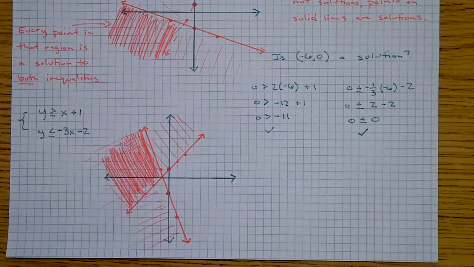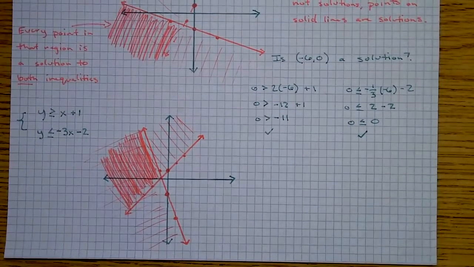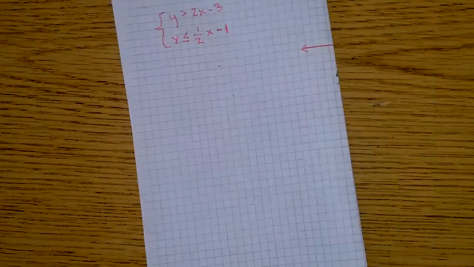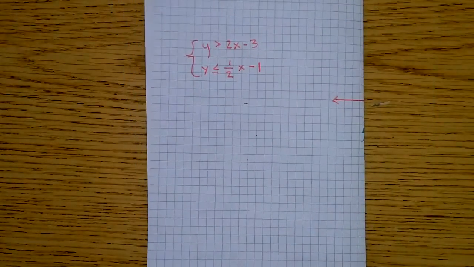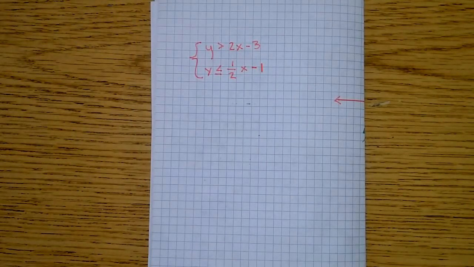All right, I'm going to have you try one on your own here. Let's see how we're doing. So y is greater than 2x minus 3, and y is less than or equal to negative 1/2 x minus 1.